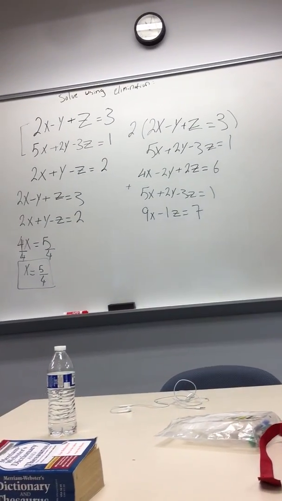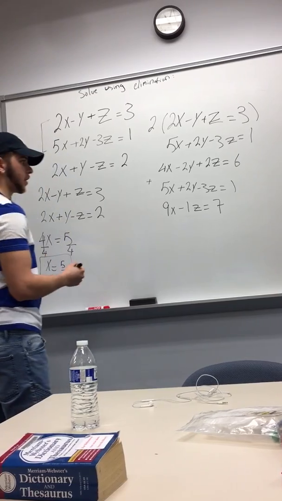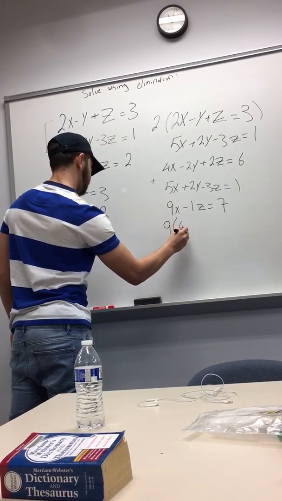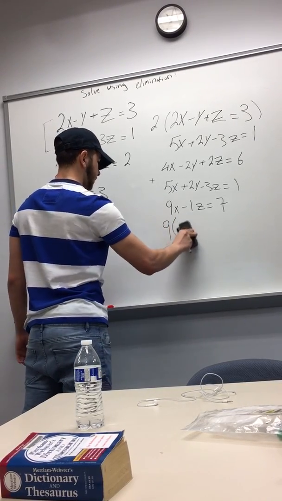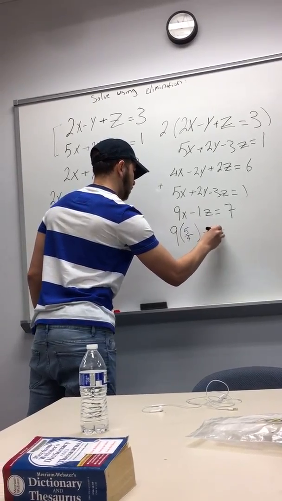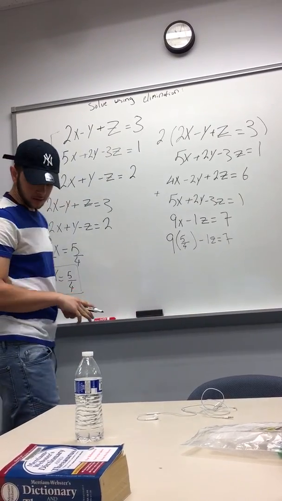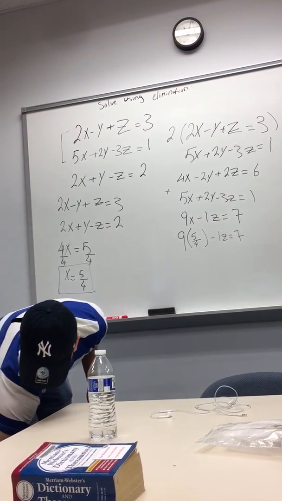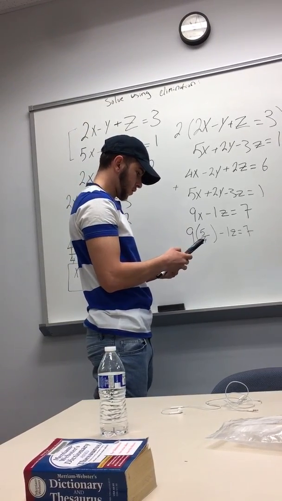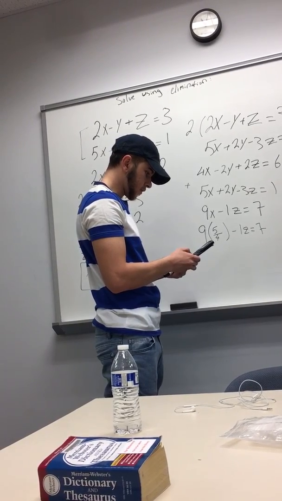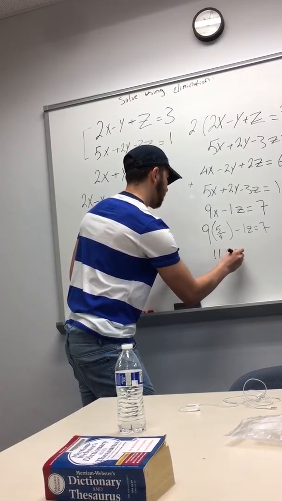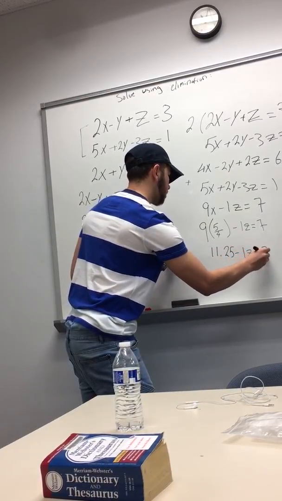Now we're gonna plug x back in this equation to find z. It's gonna be 9 times 5 over 4 equals 7. I got my calculator, but 9 times 5 over 4 equals 11.25 minus 1z equals 7.